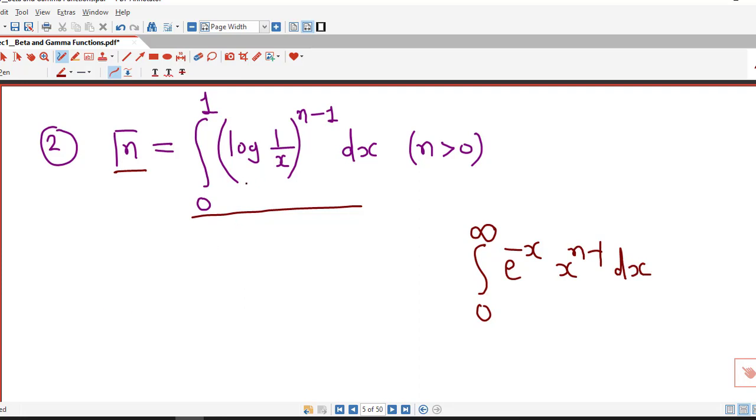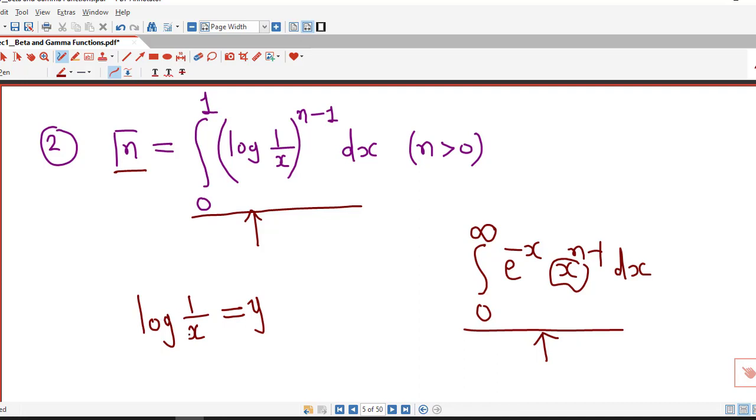If we compare these two integrals, we may get the idea about the change of variables. Here the power of log 1 by x is n minus 1, and here we require the power of x as n minus 1. So this suggests we take the change of variable using this relationship.